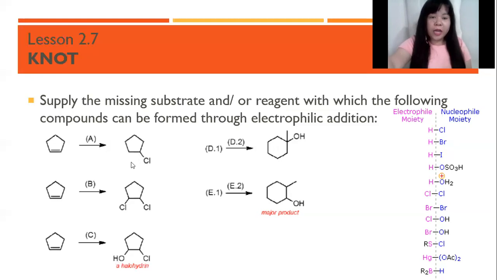So for letter A, it's very straightforward, as well as for letter B and for letter C.